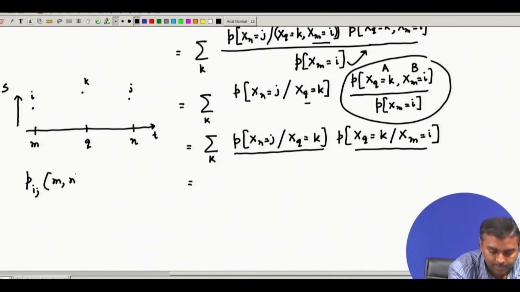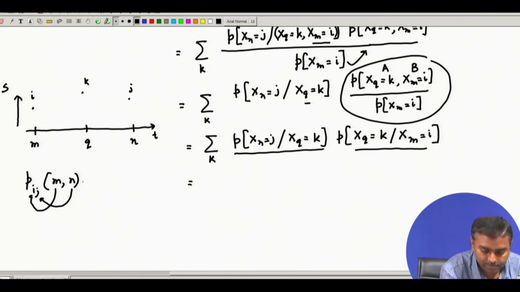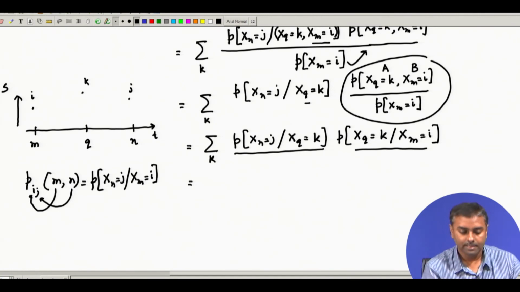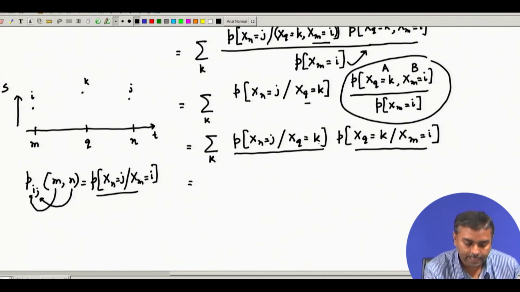What does that mean? Given that at the mth instant it was in i, what is the probability that it will go to j in the nth instance? This was the definition: probability that x_n goes to j given that at x_m it was i. Can you see this definition is almost coming over here, only thing is that now it is going from k to j.